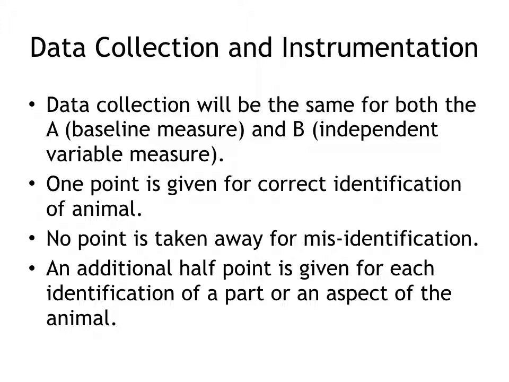In addition, whether or not Sharon correctly identifies the animal, she'll be given a half point if she identifies parts or aspects of the animal, such as, oh, that's the tail, or this animal has 4 legs, this animal has 8 legs, this is the animal's ear. Any of those observations will be given a half point in addition to either identifying the animal correctly or not.